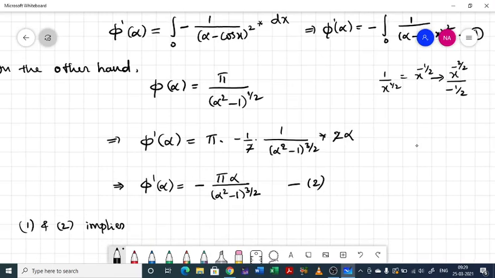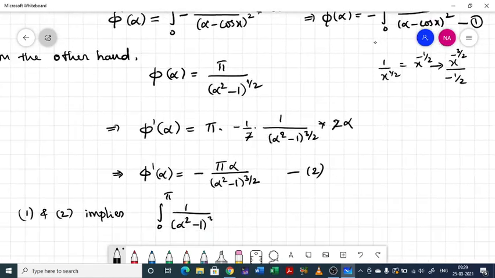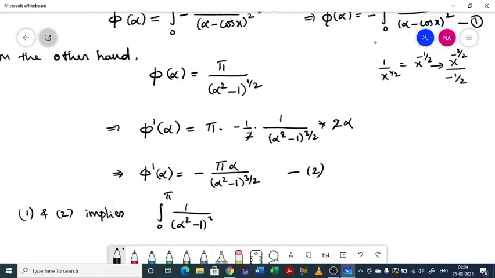integral 0 to pi 1 divided by alpha minus cos x whole square dx is equal to minus pi alpha divided by alpha square minus 1 whole power 3 by 2.